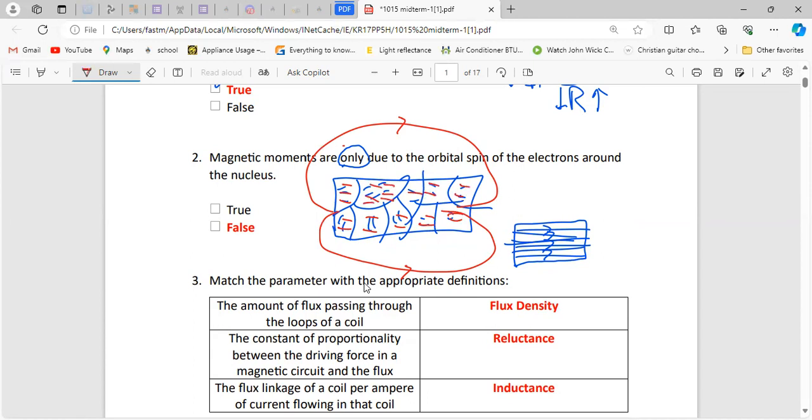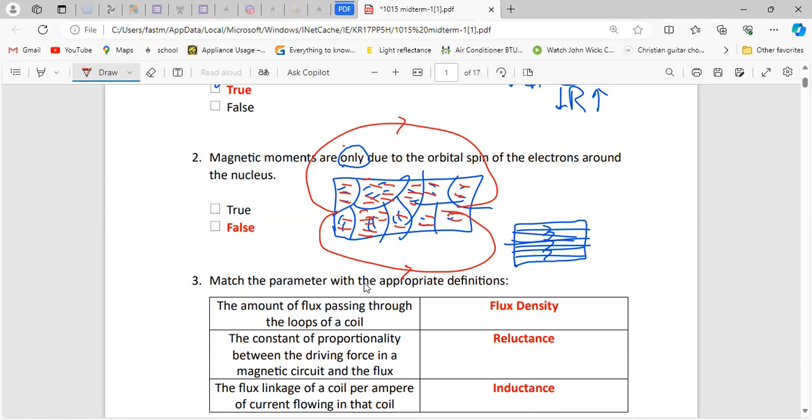Once the magnetic field is left on for a long period of time, all the dipoles, all the moments, all the domains will align in the same direction. Because of this, you will have an increase in the magnetic field inside the core, and it will be very strong and very high compared to the magnetic field outside of the core.